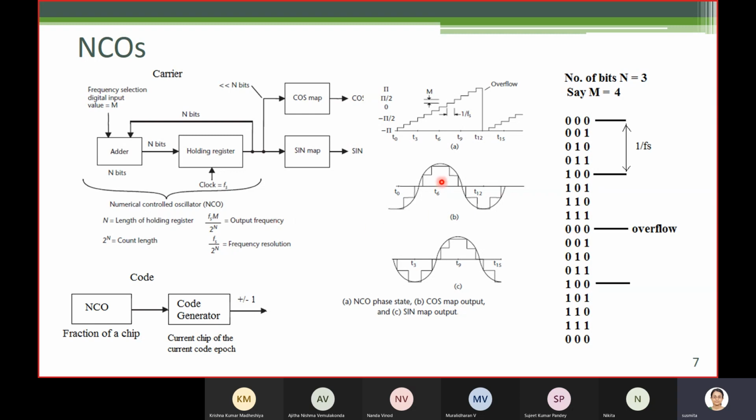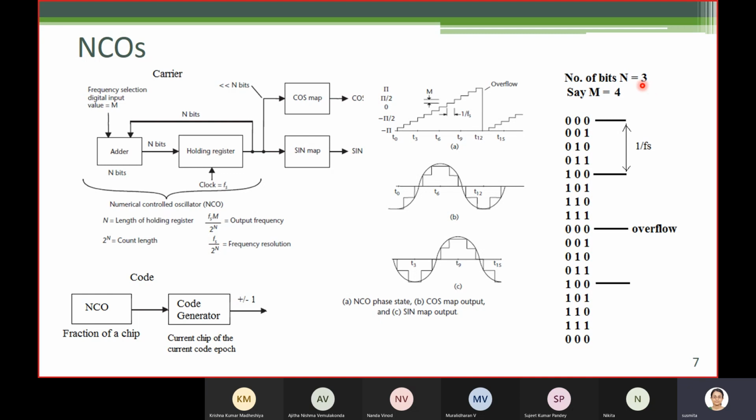See, for any cycle, we need at least 2 points, right? At least 2 phases we require. This means the maximum frequency that we can have is fs by 2, which means m will be 2 to the power n minus 1.